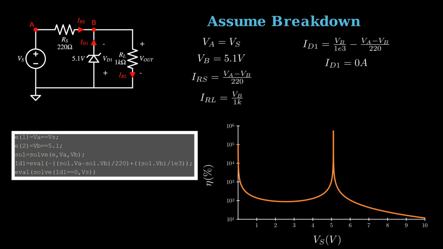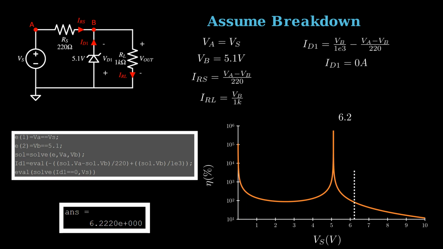Let's use MATLAB again to solve for the value of V_S that makes this true. The output is the border of where the assumption is true. Let's add that to the plot. Above the voltage, the relationship between V_S and eta is valid. Below the voltage, it is not.